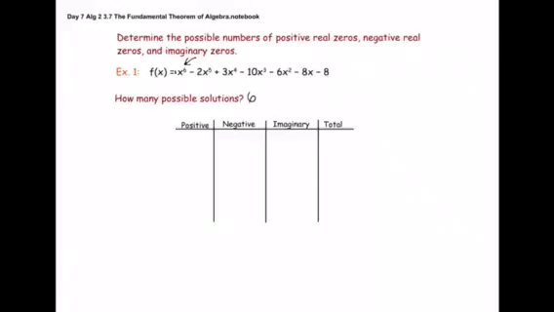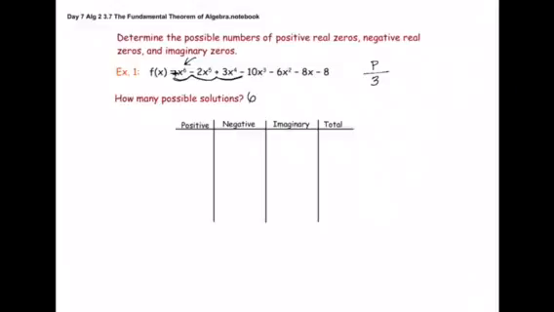In front of this is a positive x to the 6th power. So there is 1 sign change here, 2 sign changes, 3 sign changes, and that is it for our function. So positive sign changes, we have a total of 3.